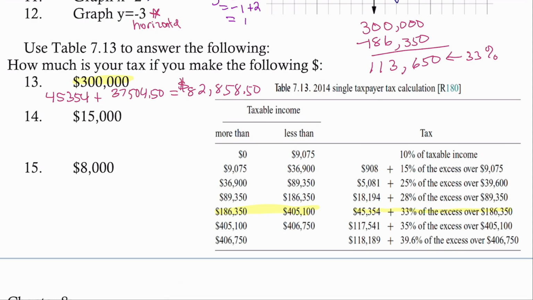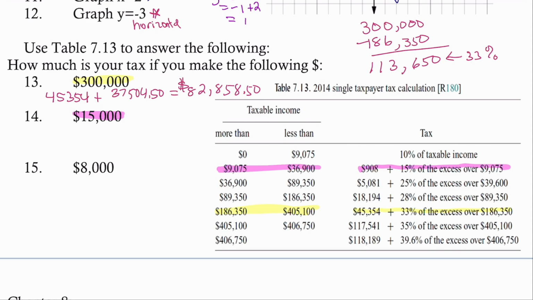Now let's do it again for 15,000. Find where 15,000 lies. If it lies right here, you are responsible for paying $908 and 15% of the excess over 9,000.